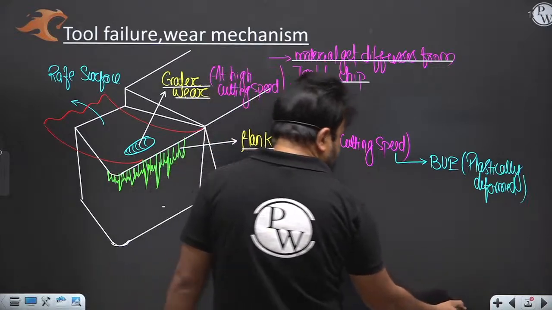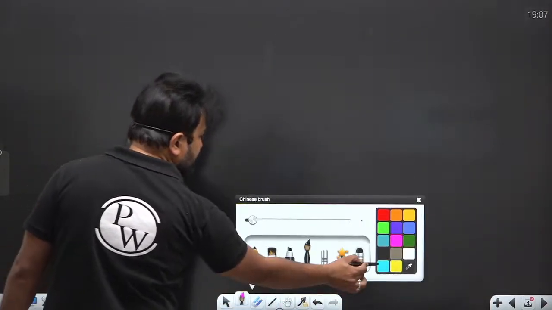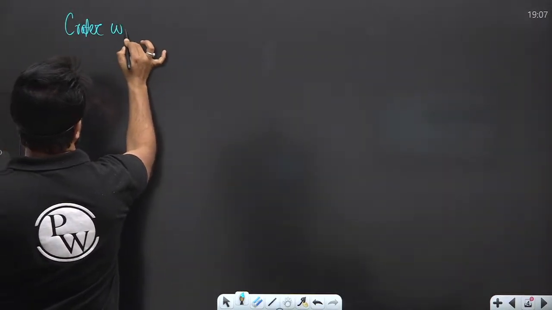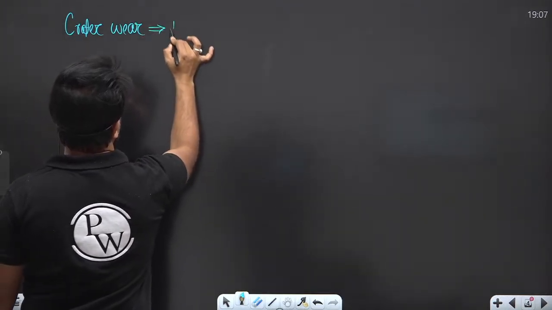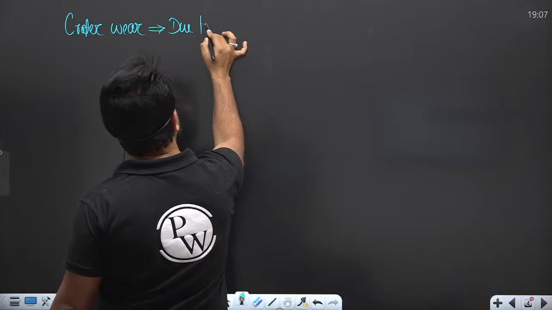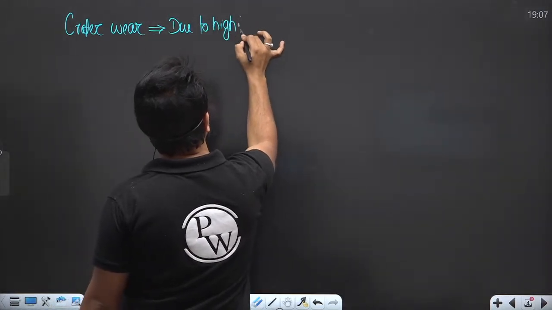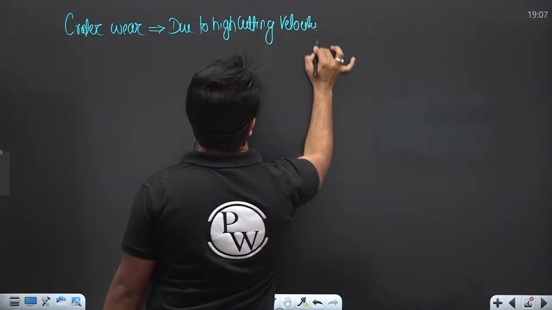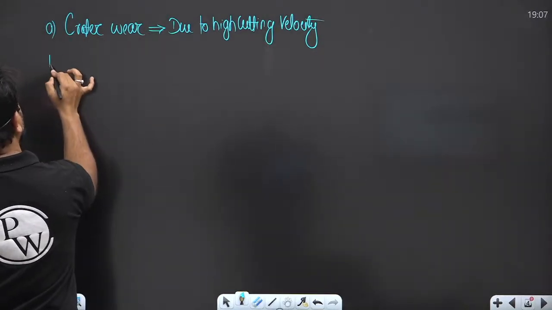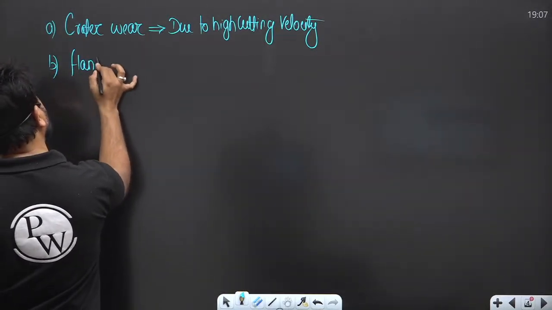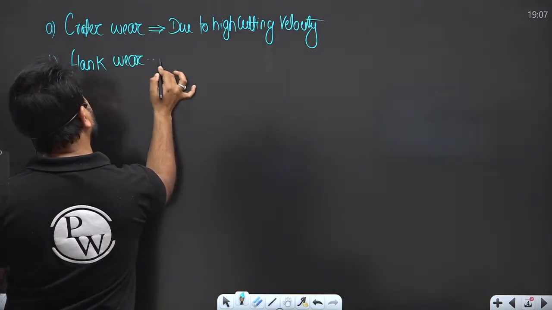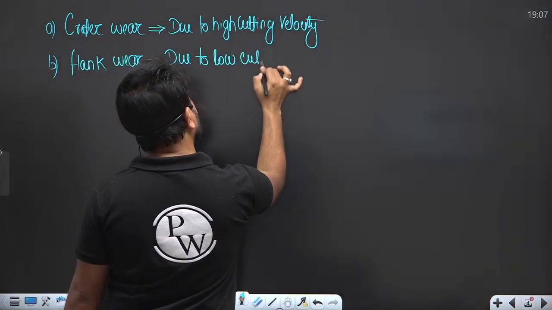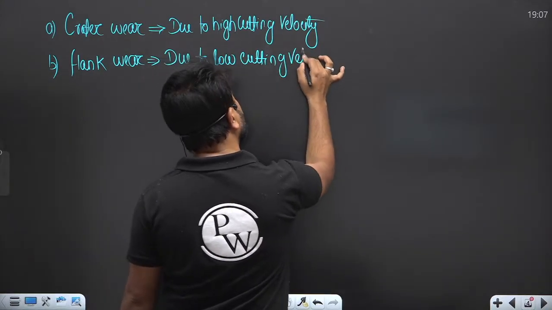Let me write down: crater wear occurs due to high cutting velocity, and flank wear occurs due to low cutting speed or velocity.